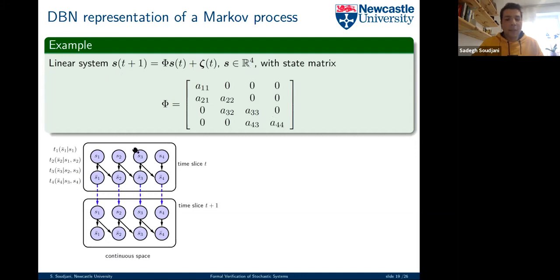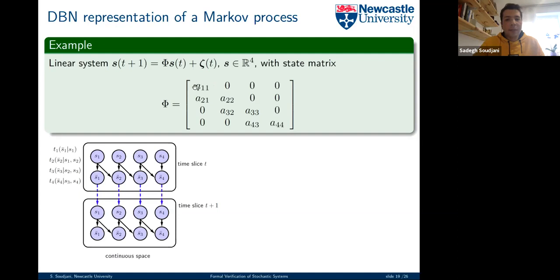This is the Bayesian network at time slice t. It has two sets of variables, S1, S2 until S4, which are related to the current state of the system, and we have the bar version, which is related to the next state of the system. We have some arrows connecting the current states to the next states, and this connection is through the conditional density function.